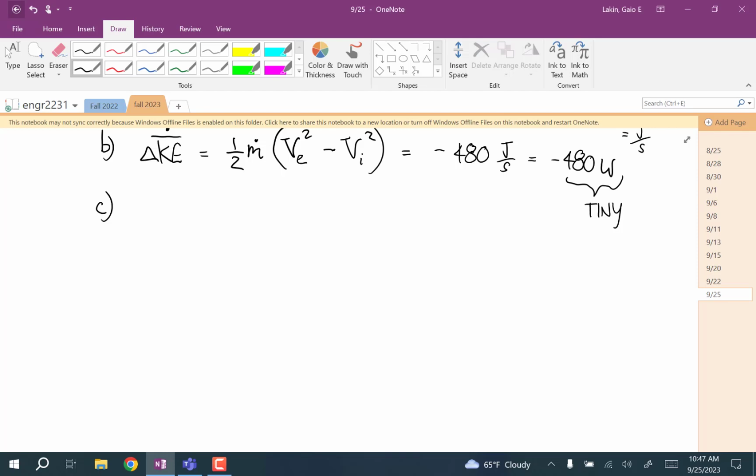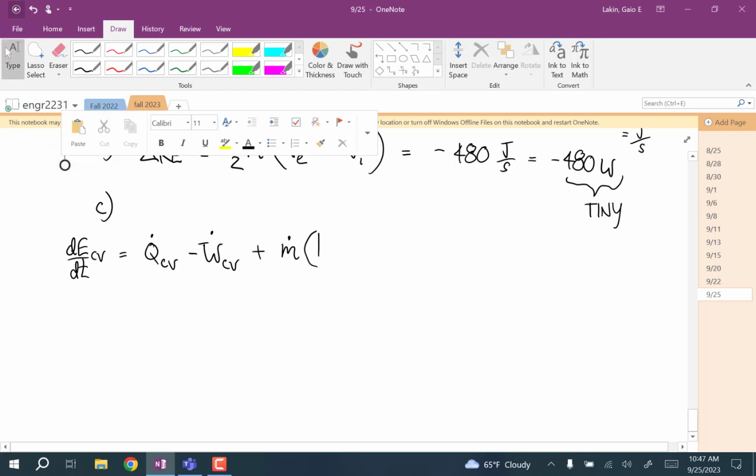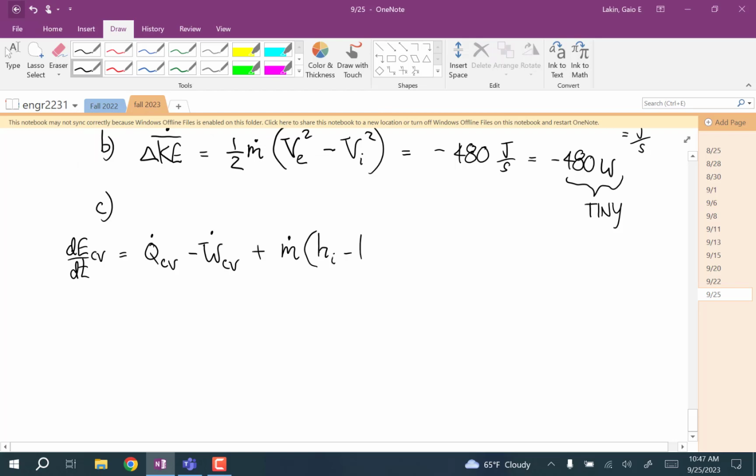So let's go back to the full equation first of all and see how the heat transfer appears in the equation. So we have dE dt is equal to Q dot minus W dot plus, none of this stuff is going to change, so I'm just going to leave this as M dot times H inlet minus H exit.